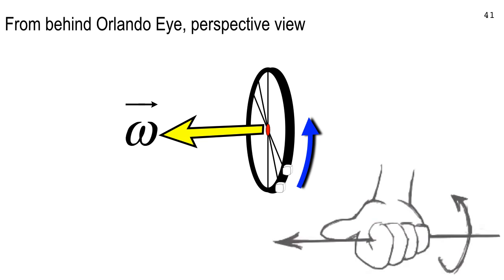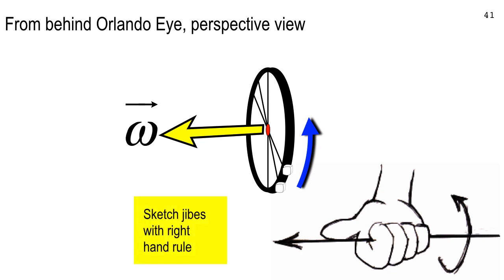If you go on the internet and look up right-hand rule and then angular velocity or angular momentum, you'll see a bunch of diagrams. It's kind of tricky, and I'll be giving you some practice with this in homework, and we'll do some right-hand rule practice on Thursday.